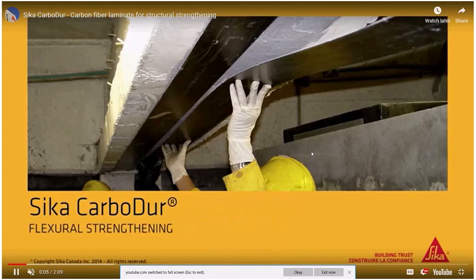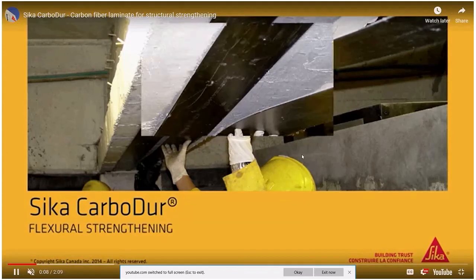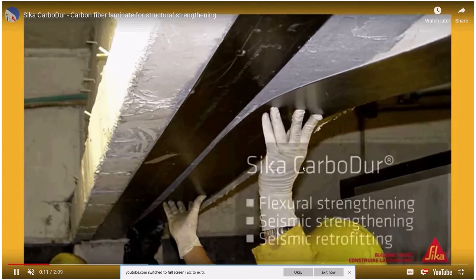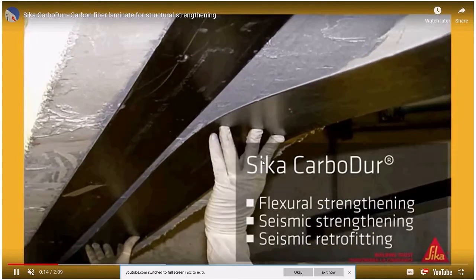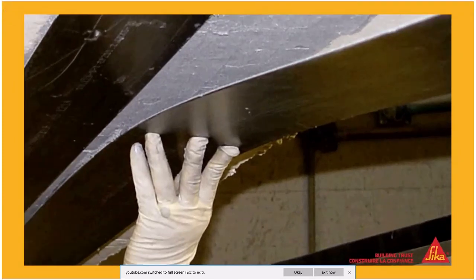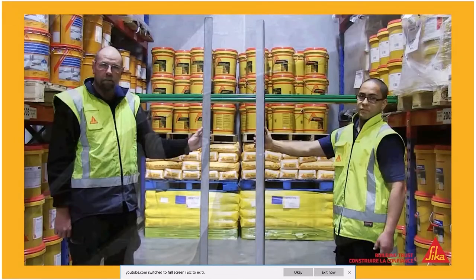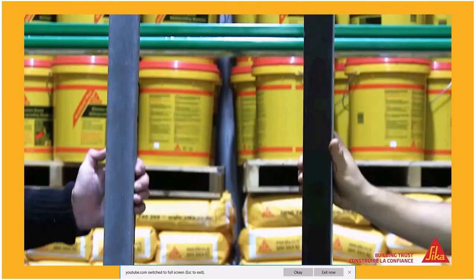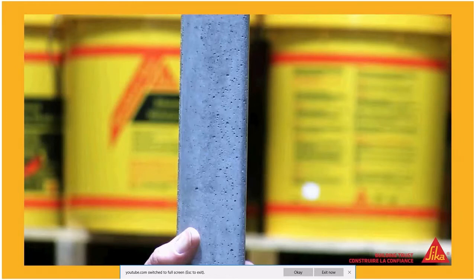Okay, so this is concrete reinforced with carbon fibers by means of a strip. And we'll now see the demonstration of the effectiveness of this strip when it is applied on the right-hand side to a concrete beam, 2 meters in length, 5 centimeters by 5 centimeters in cross-section.